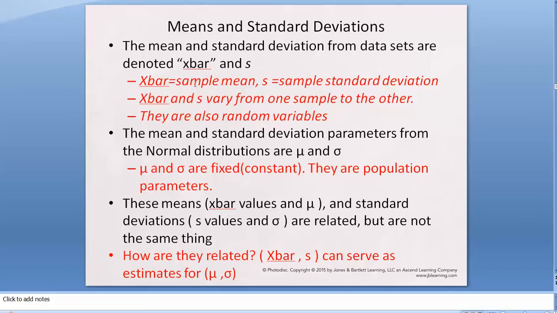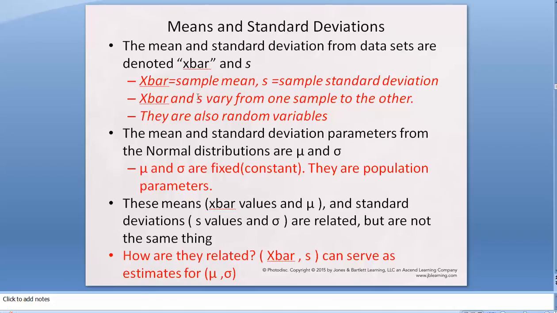Remember, for the population, the mean is mu and the standard deviation is sigma, okay? Now also notice, samples are not the same. I can take one sample of 10 students and look at their GPAs, and then I can take another sample of 10 students. Their GPAs are not going to be exactly the same as the first sample's data.